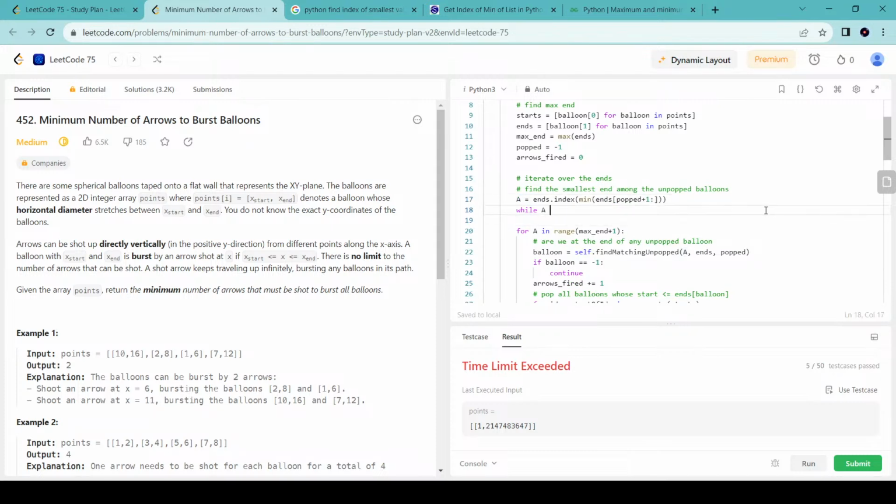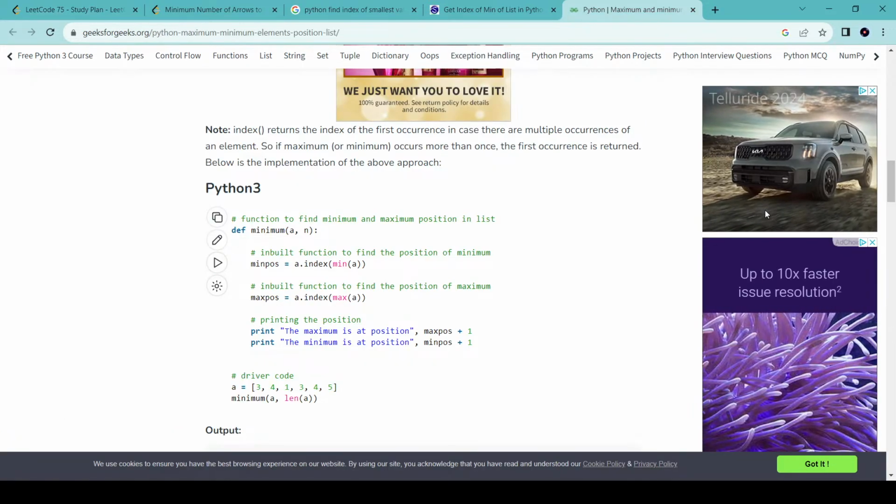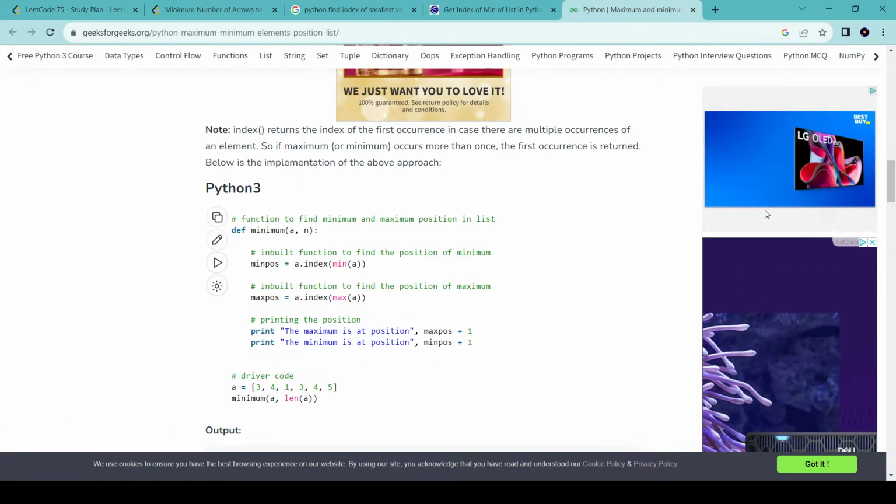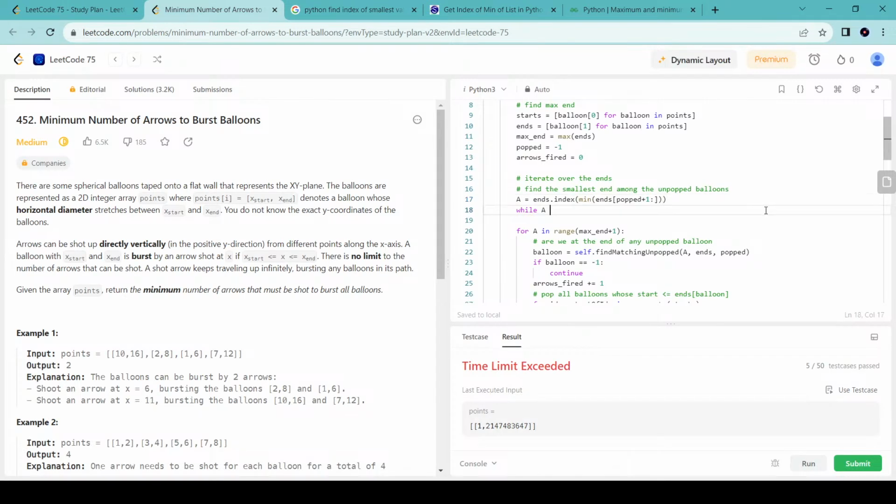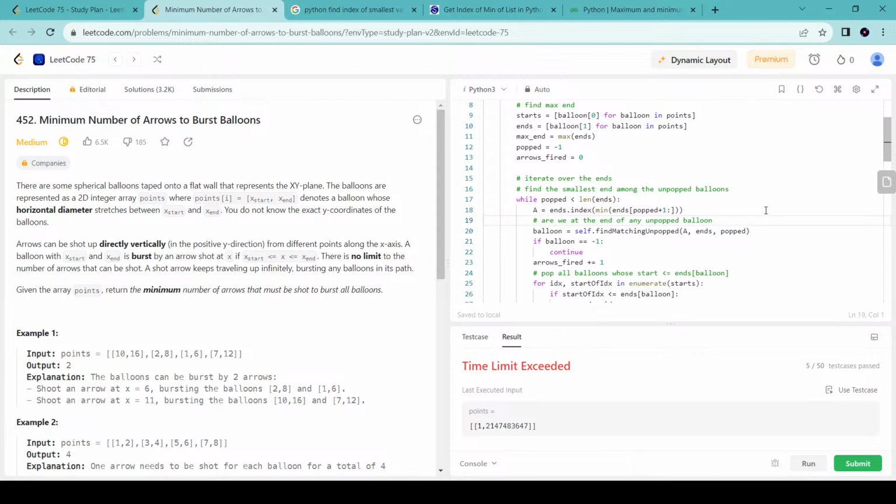Well, A, yeah. Okay. Well, popped is smaller than the length of ends. A equals, and then I think this should do it. Pop plus 1.